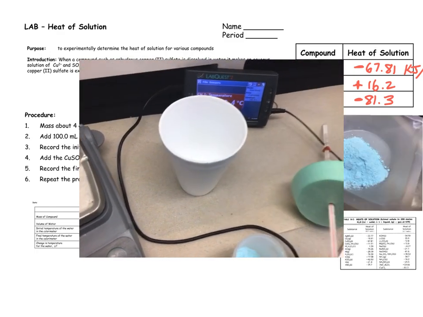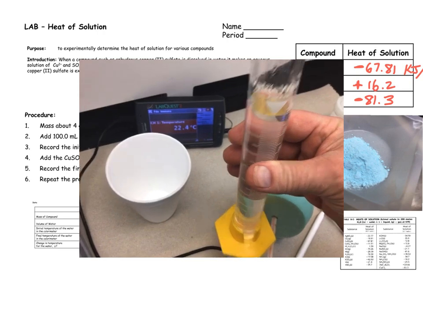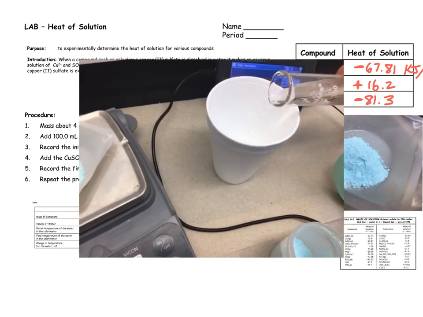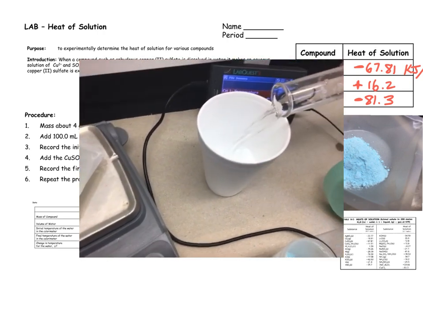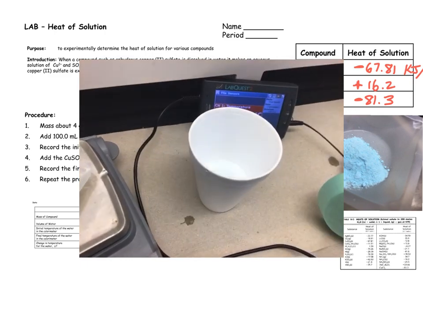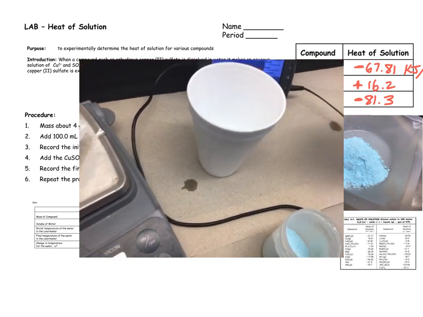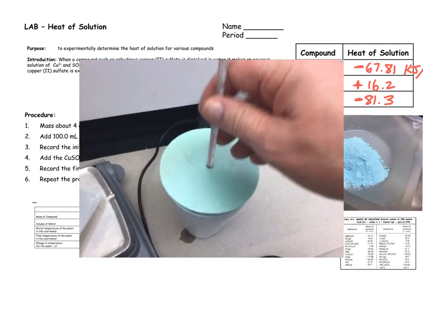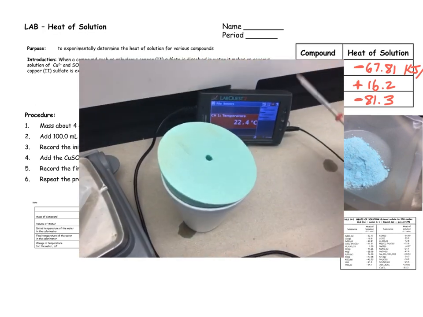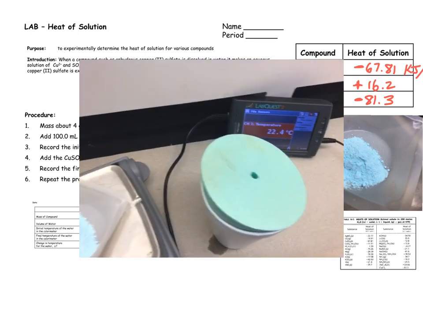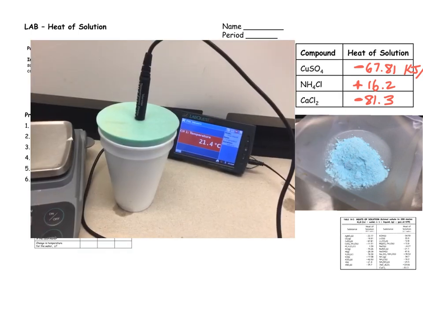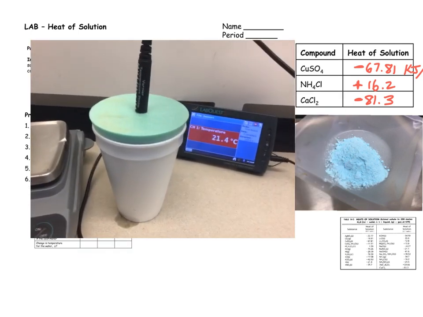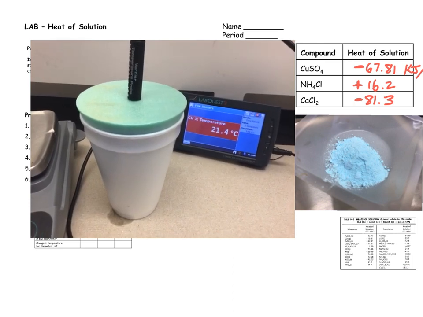Next, we're going to put 100 milliliters of water into the calorimeter. All right, then we'll put the lid on. Instead of the old school thermometer, we're going to go with a digital thermometer. It's a little bit easier to read. Okay, the original temp now is 21.4.